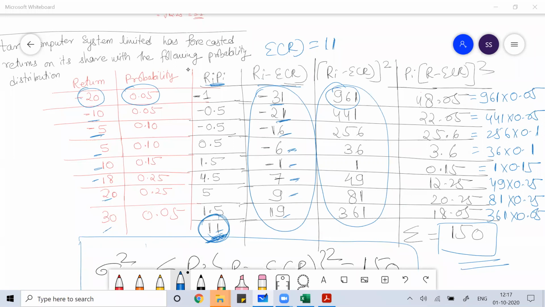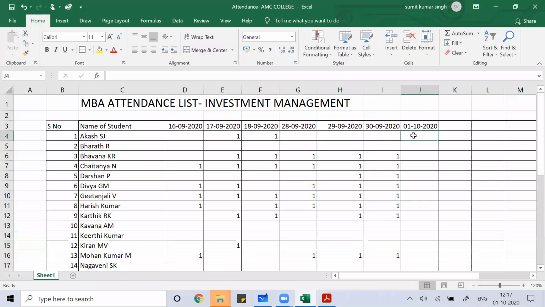Okay. So guys, attend your roll call. Akash, Bharat, Bhavna. Chaitanya is there, Darshan is there, Divya is there, Gitanjali is there, Harish is there, Karthik is there.